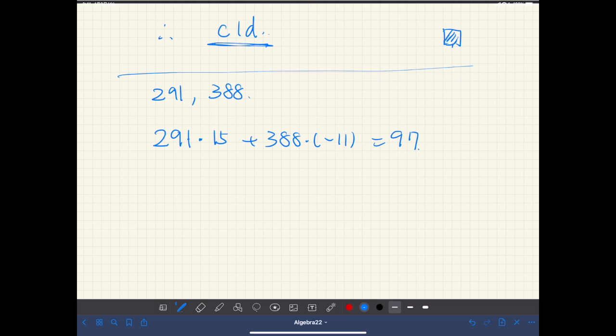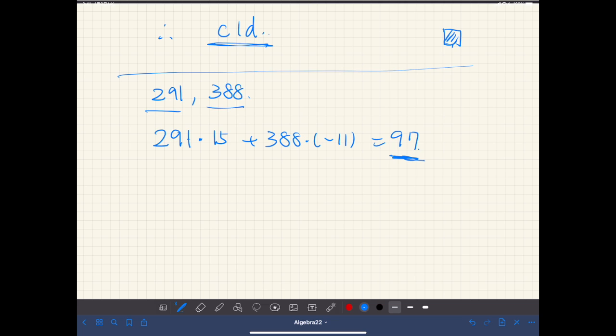You should also check that 97 is a common divisor of these two numbers. Then according to the theorem, this 97 is the greatest common divisor. And this you can also check by finding all the common divisors of these two numbers.